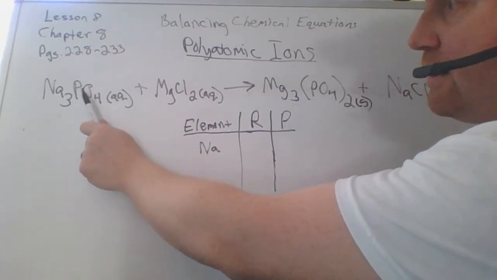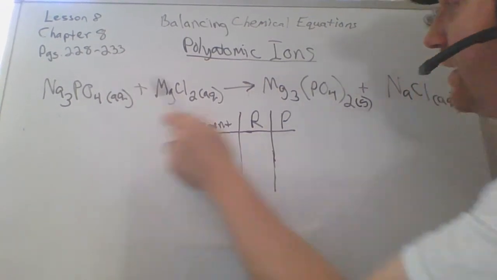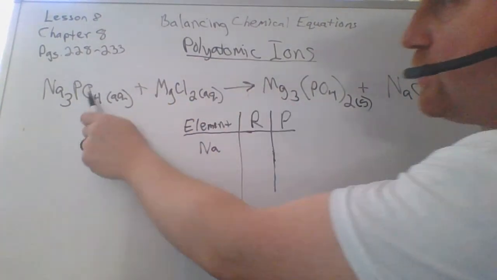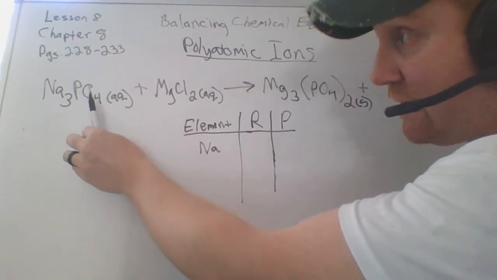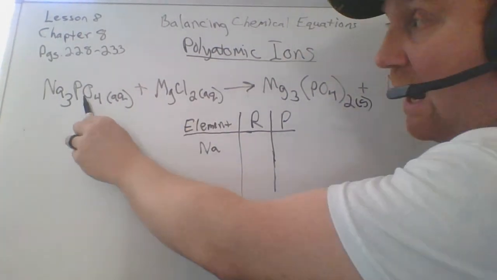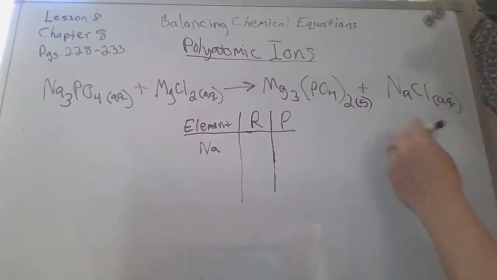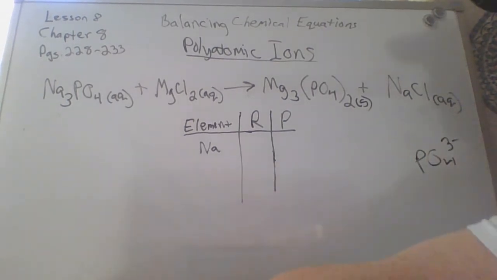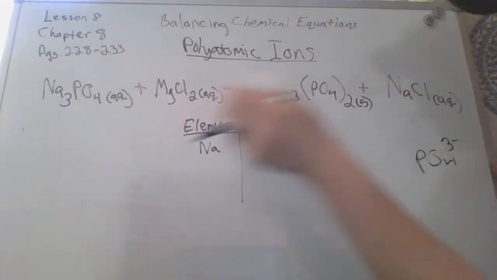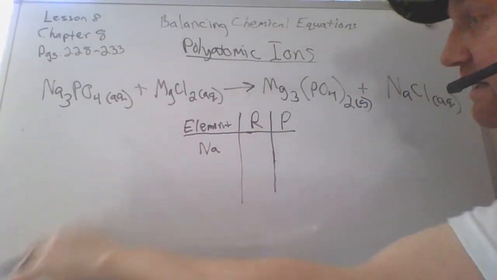And here's the thing. The book has, instead of just counting phosphorus and oxygen separately, you see that there's PO4. I want you to be able to recognize that is called the phosphate ion. It's on your periodic table of ions. By itself, it's a PO4 with a 3 minus charge. But what the book is trying to tell you in this problem is that you can keep phosphate as an entire group.